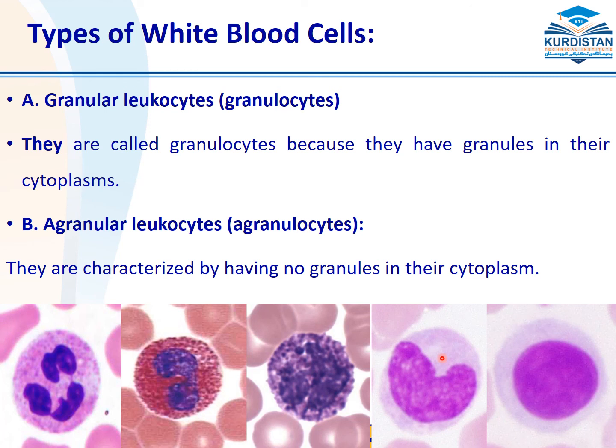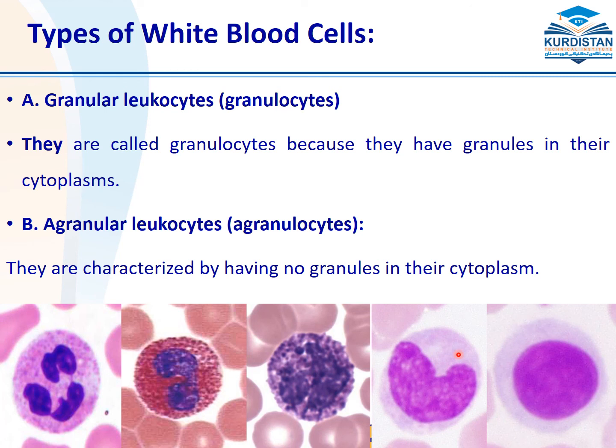So based on this criteria, the white blood cells which have granules in their cytoplasm are classified under granulocytes, and the cells which have no granules in their cytoplasm are classified as agranulocytes.